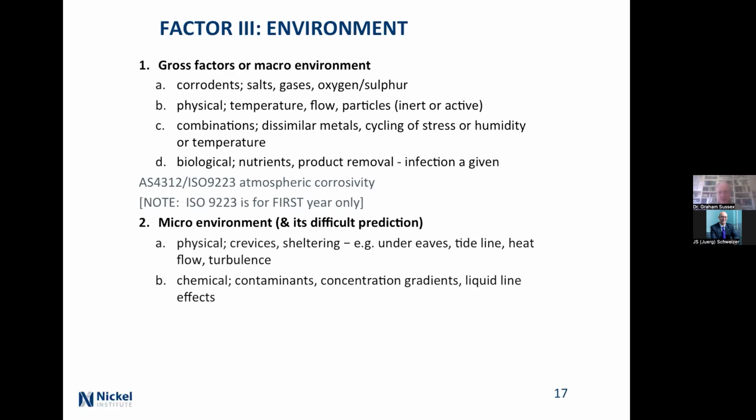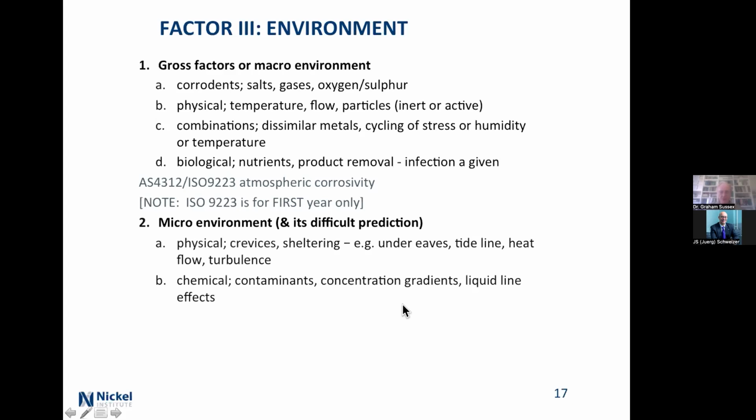Stainless steels are very good at resisting that in pipes, much better than carbon steel and much better than copper, for instance. What chemical environment is there? Actually, the straight environment, an acid or an alkali or salts. What contaminants are in it? So you've got metal ions in there that tend to make the thing a bit more aggressive. Concentration gradients.